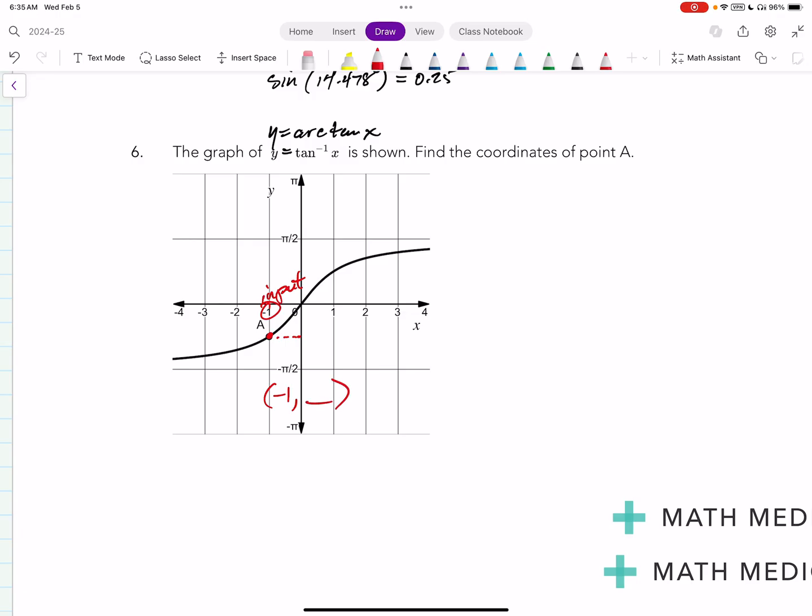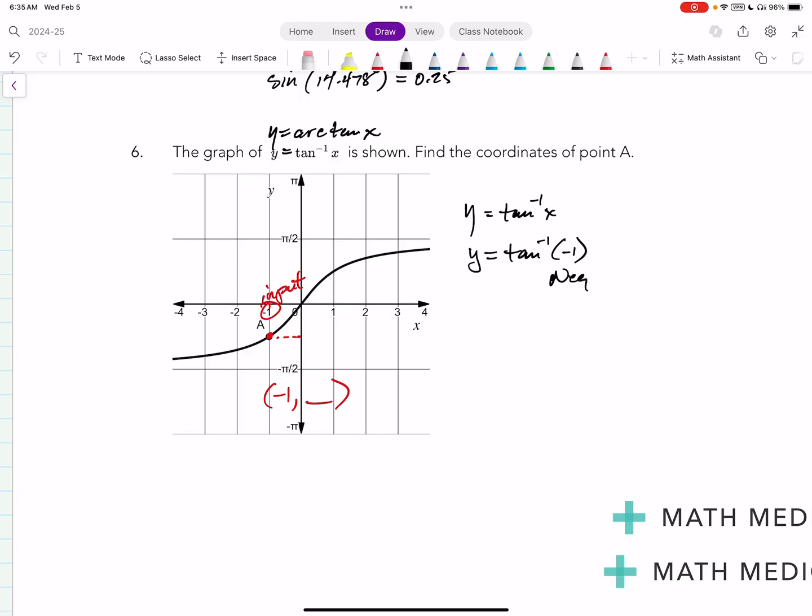So the input is -1. If I take the function given, the inverse tangent of x, and input -1, I get y equal to the inverse tangent of -1. This is a negative number.